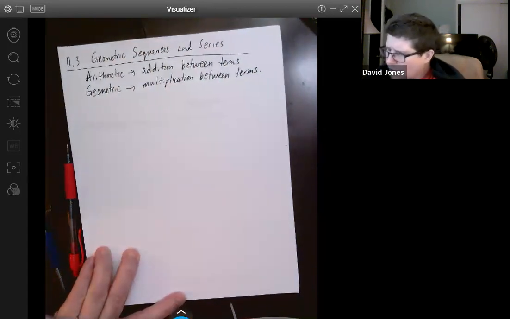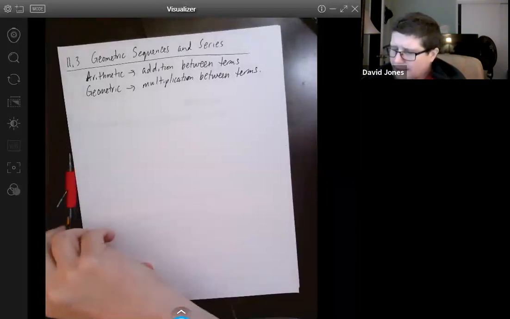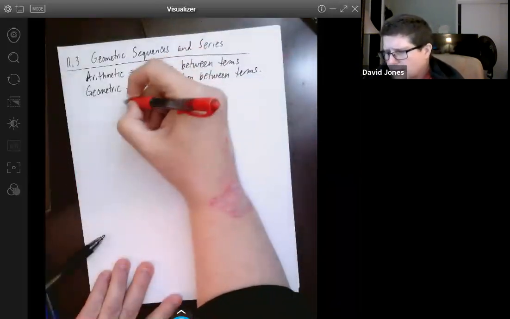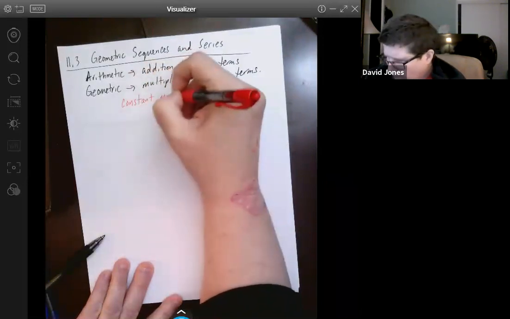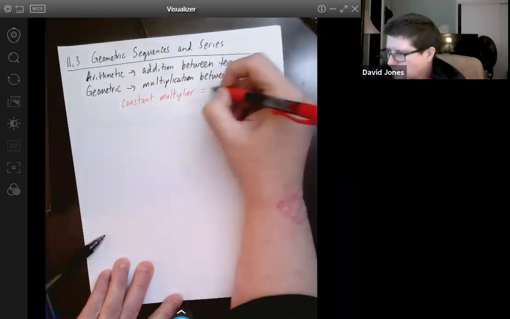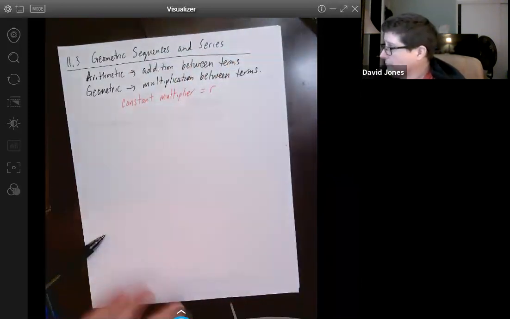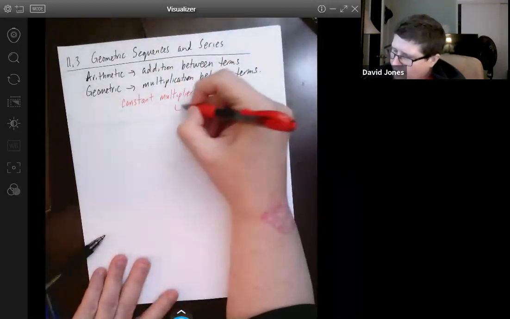We want the multiplier to be constant. With a constant multiplier, we're going to call it r. Another name for this r is also the common ratio.